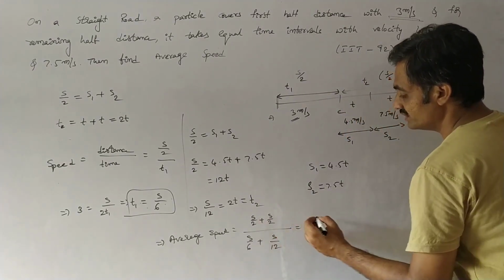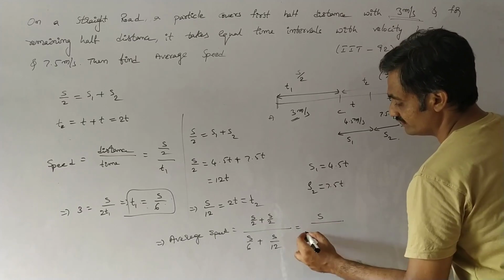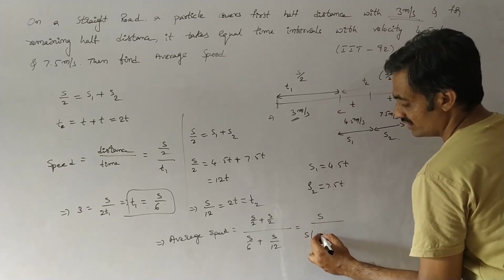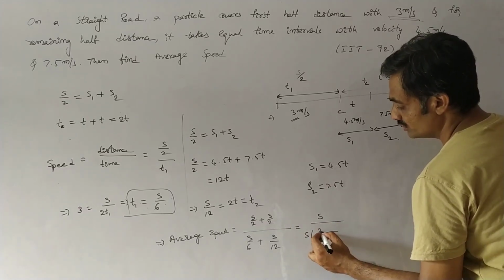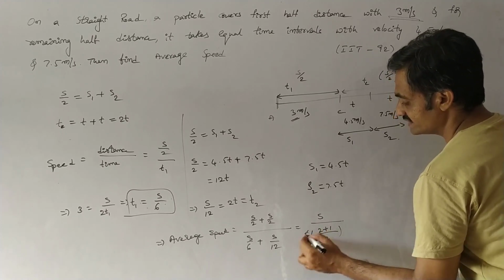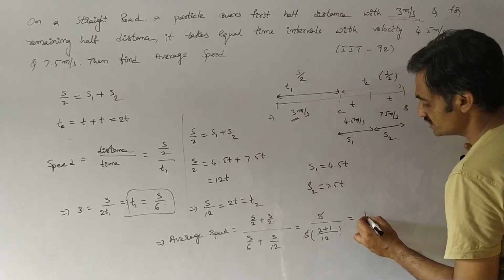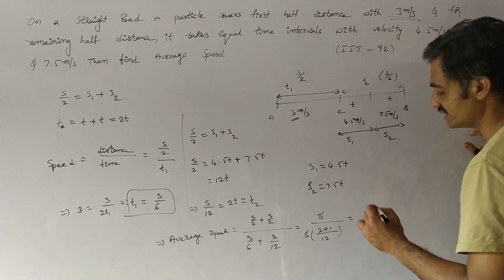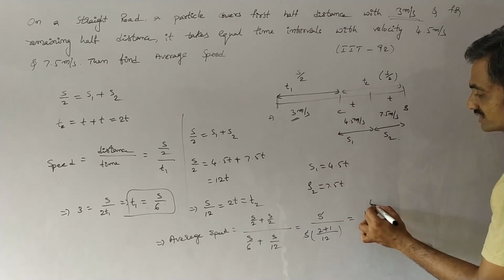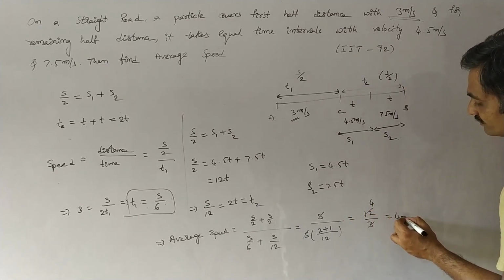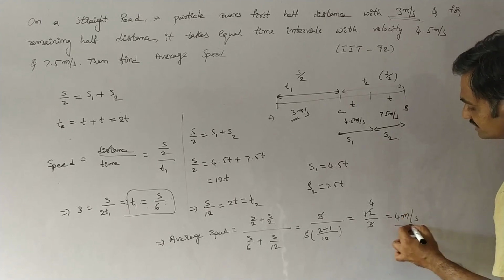S by 2 plus S by 2 is nothing but S. If you take S as common, we have LCM 12, 2 plus 1. S and S get cancelled, so we have 12 by 3, which is 4. So the average speed is 4 meter per second.